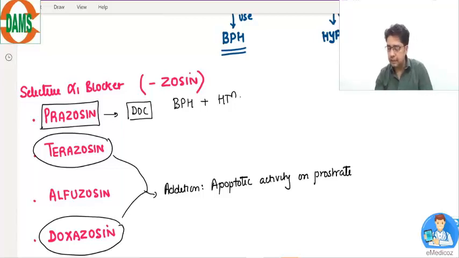That means they can decrease the size of prostate also.